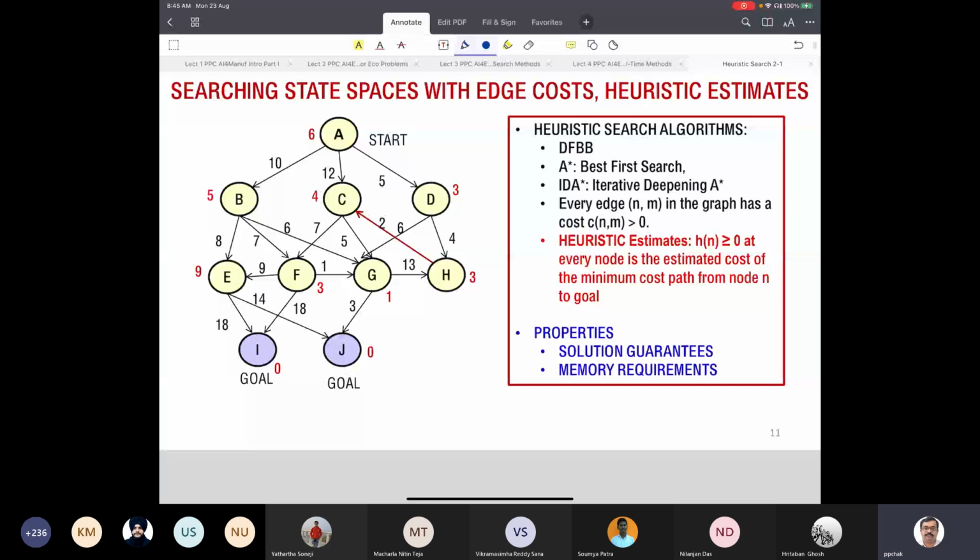Our assumptions are: every edge cost C(N,M) is greater than 0. This is our one assumption.